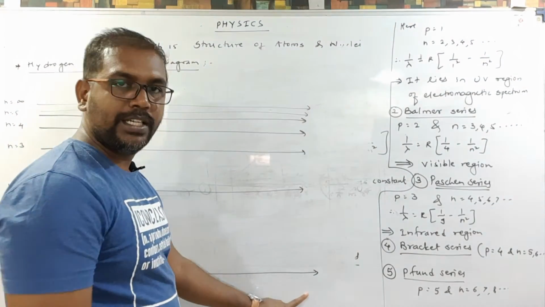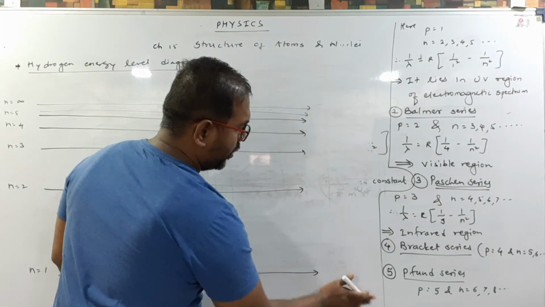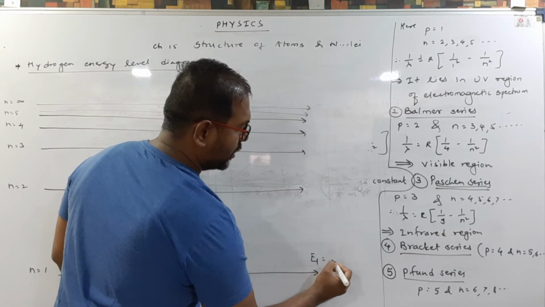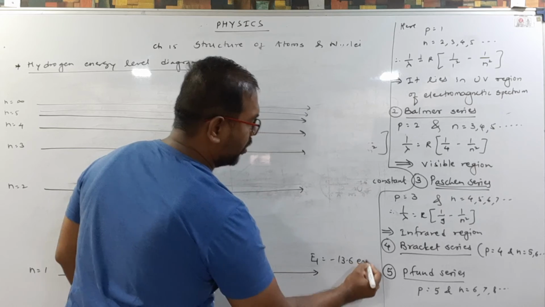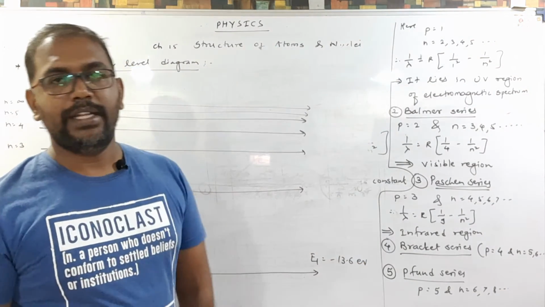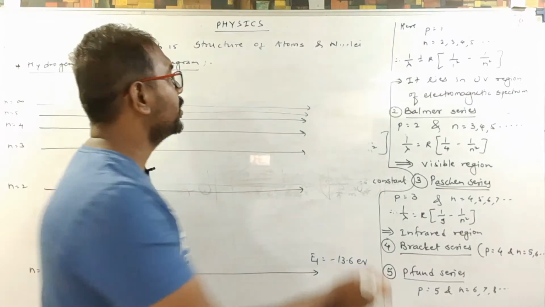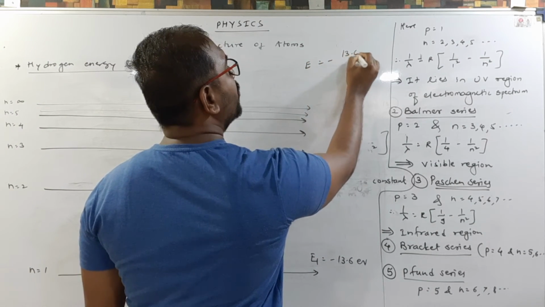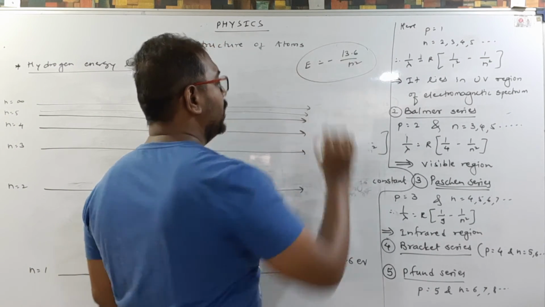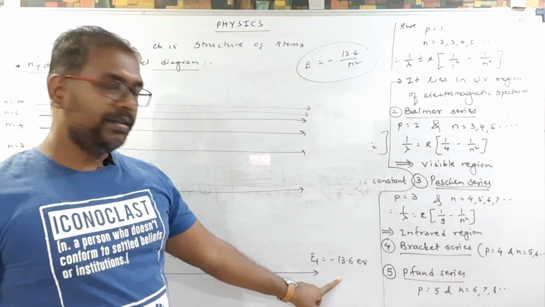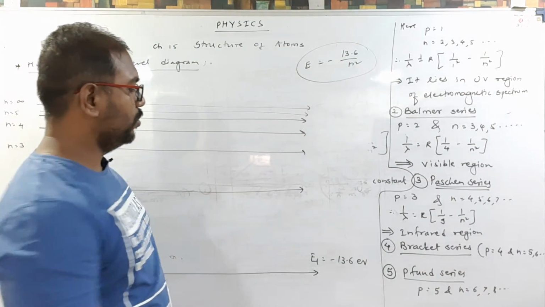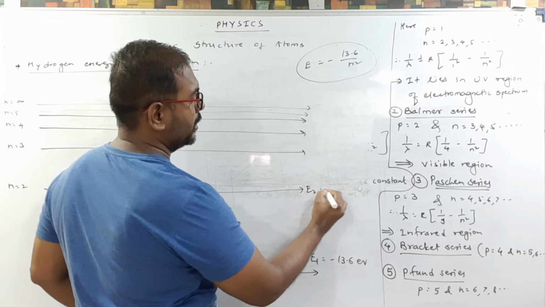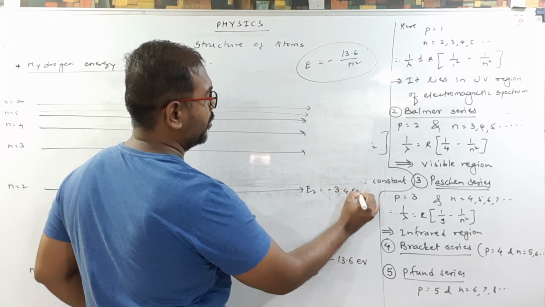Now this is the first orbit, so the energy is minus 13.6 electron volt. You know that the energy of the nth orbit is minus 13.6 divided by n square. This formula we already learned. By using that, if n is 1, this is the energy. If n is 2, then the energy is minus 3.4 electron volt.